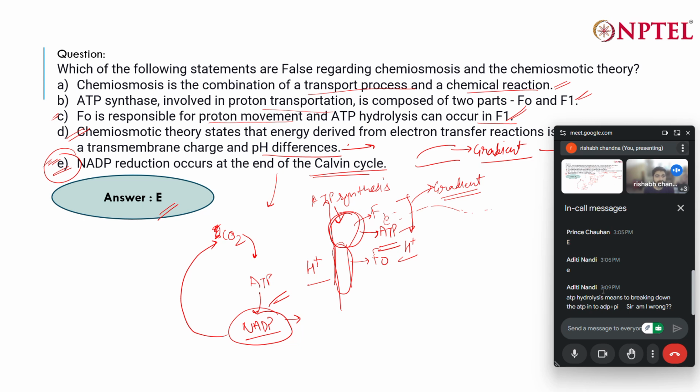So this was the only question. Yes, in F1, ATP generation happens. That means ATP formation happens.